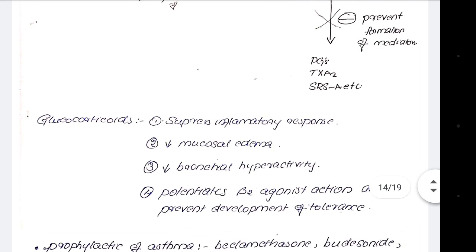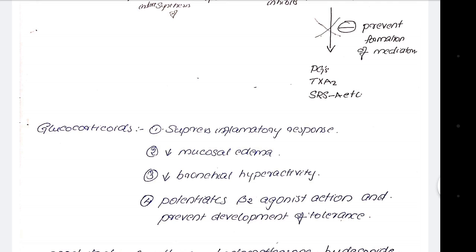Glucocorticoids as a whole suppress the inflammatory response, decrease mucosal edema, and decrease bronchial hyperactivity. In addition, they potentiate the beta 2 agonist action and prevent the development of tolerance to beta 2 agonists. Therefore, they are given in combination with beta 2 agonists.